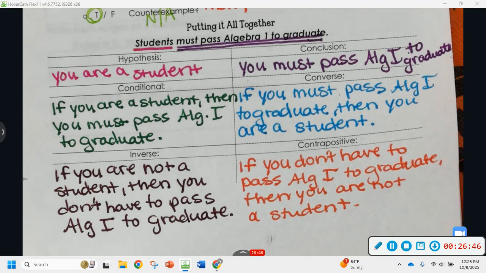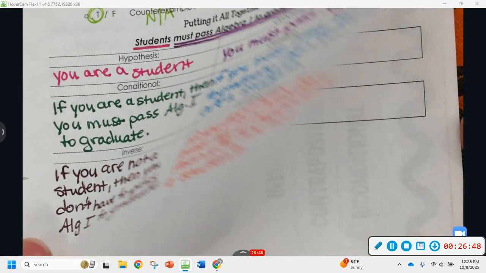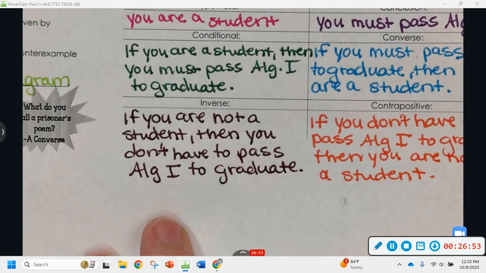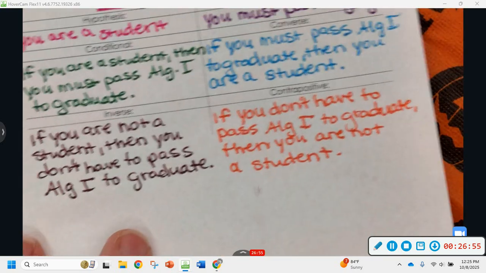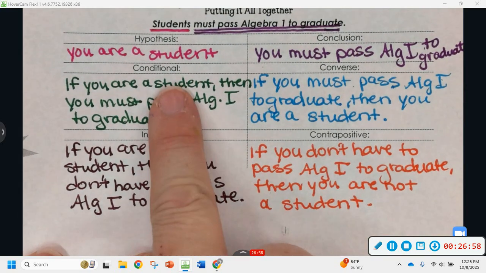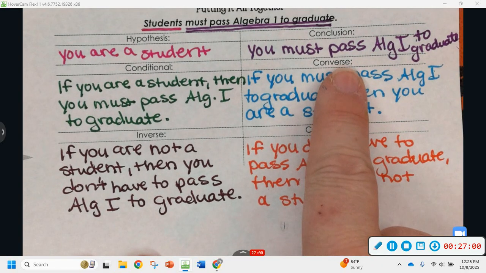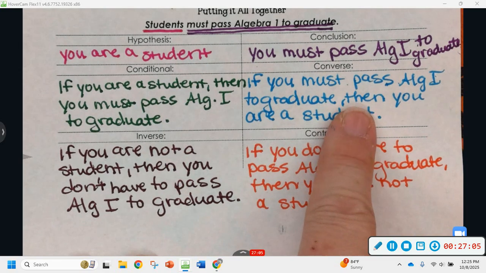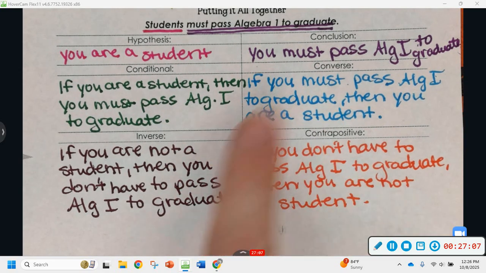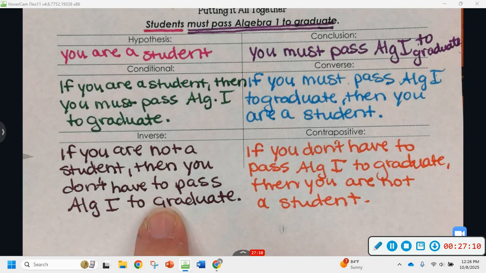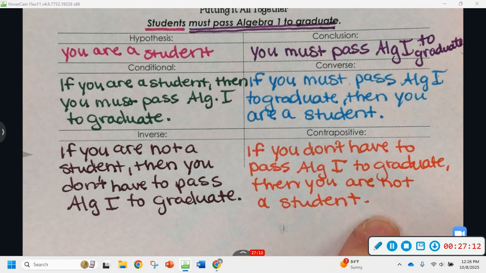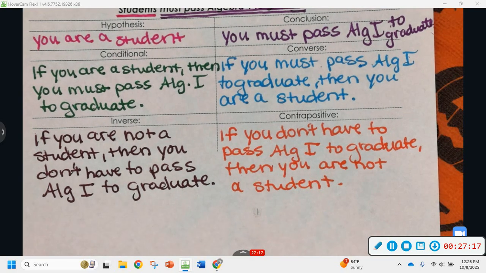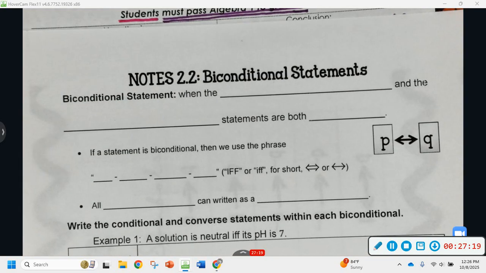And then the last thing that we're talking about is called a biconditional. So we've got hypothesis, conclusion. We created it into a conditional in an if-then format. We took the converse by switching, the inverse by negating, and the contrapositive by switching and negating. And so the last part is a biconditional.